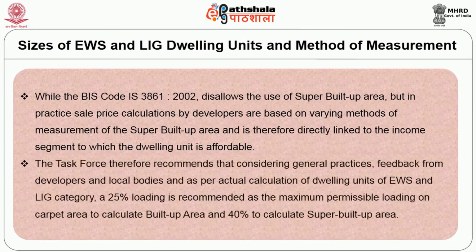The task force therefore recommends that, considering general practice, feedback from developers and local bodies, and as per actual calculation of dwelling units of EWS and LIG category, a 25% loading is recommended as the maximum permissible loading on carpet area to calculate built up area and 40% to calculate super built up area.